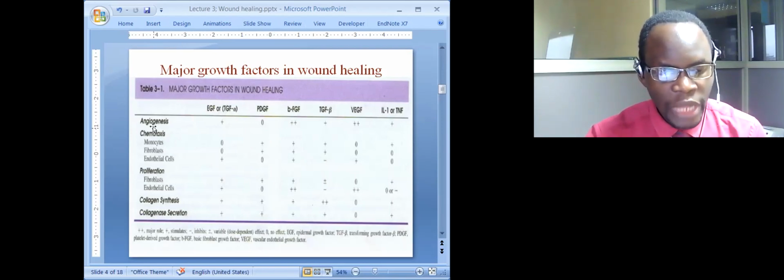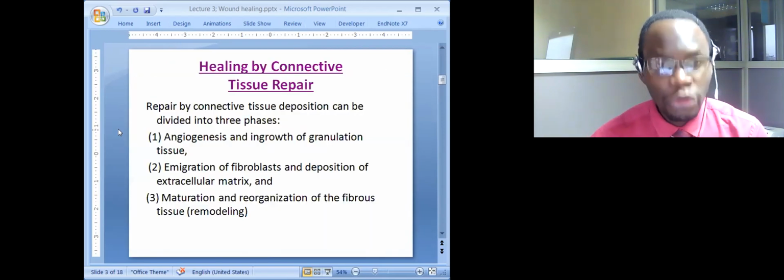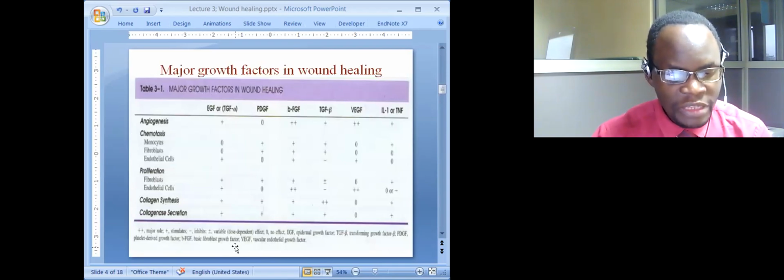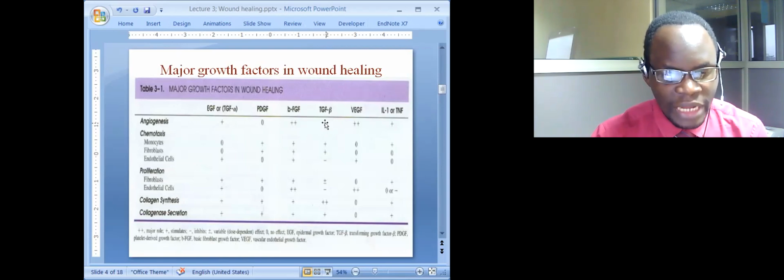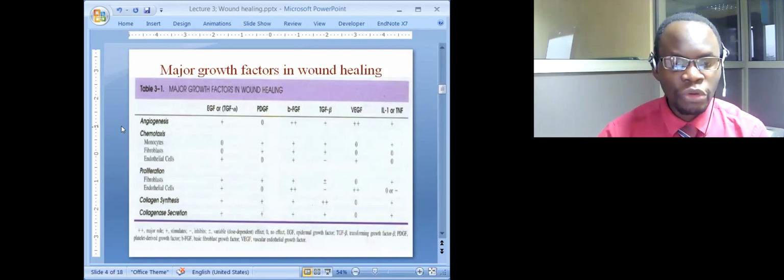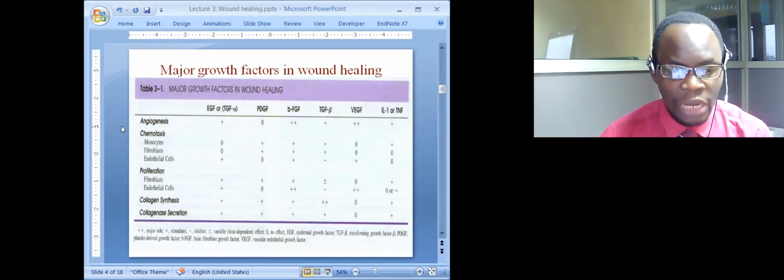Like for example, with angiogenesis, as we said, which is basically growth of blood vessels in that area, things like epidermal growth factor are very key. The transforming growth factor is also very key. Now these growth factors are released as a result of inflammation, and they are also released to help facilitate wound healing.